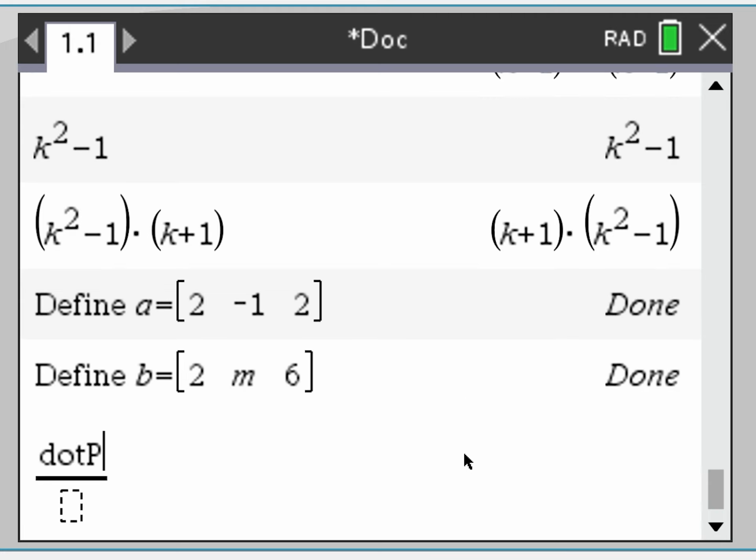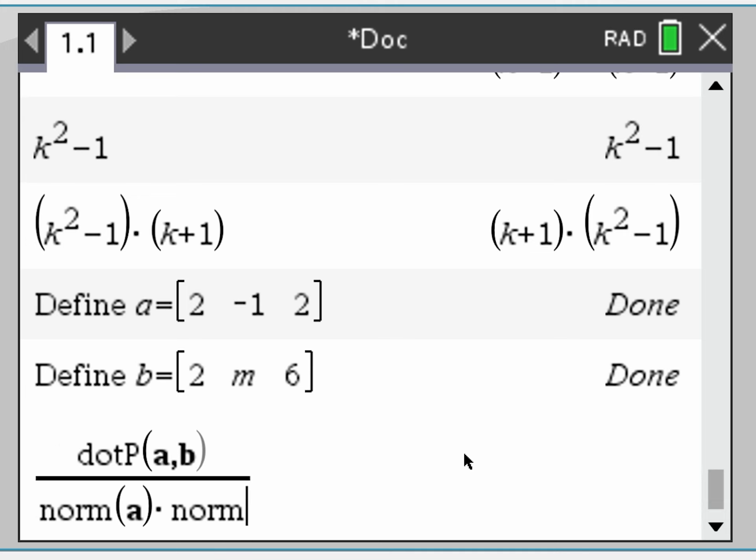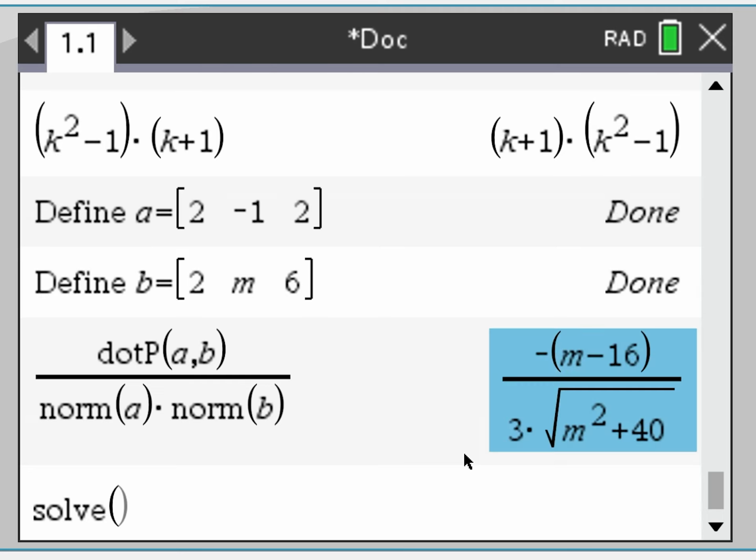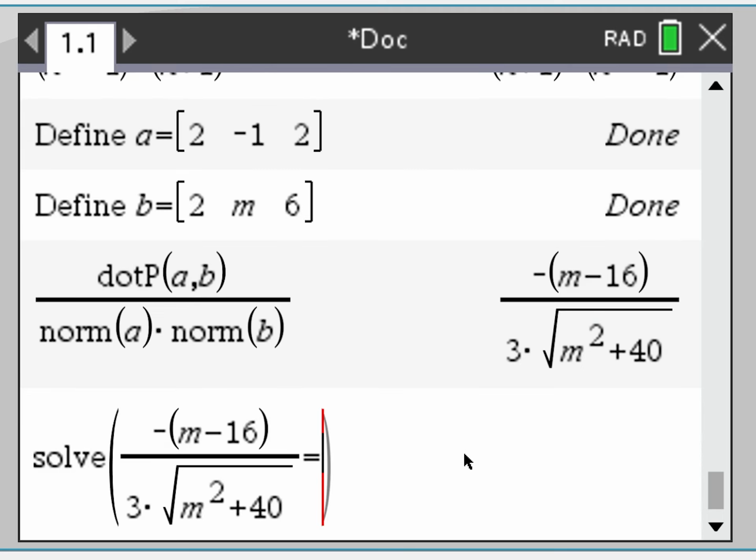Dot product of A and B divided by magnitude of A times magnitude of B. So we get this over here. Now we can just simply solve. That is equal to 13 on 21, right? Because the angle is equal to cosine inverse of that.